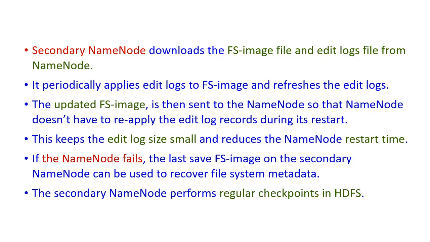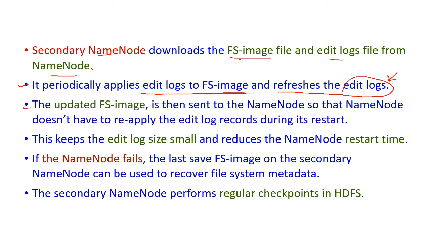And now let us see some more detail about the secondary name node. First, the secondary name node downloads the FS image files and edit log from the name node. As per the diagram we have seen already, the secondary name node downloads the FS image file as well as the edit log files from the name node. And the secondary name node periodically applies the edit log to FS image and it will refresh the edit log file so that the size of edit log files will be very much reduced.